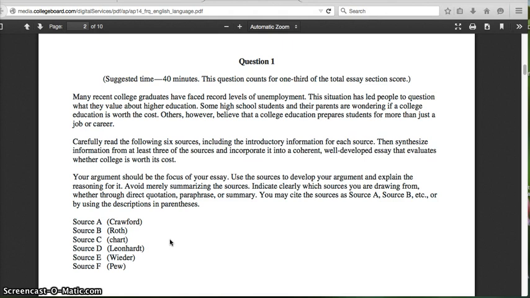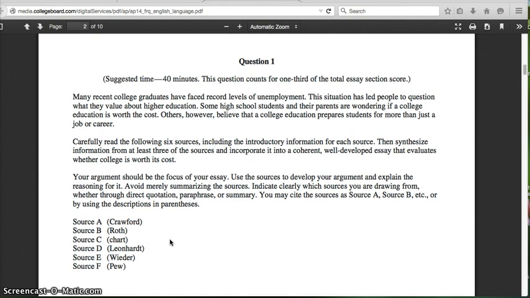So if you believe that college is worth the cost, you will use from 3 to 6 of the sources to prove that. If you think that college is not worth the cost, you would use 3 to 6 sources to prove that. Notice in the 3rd paragraph it says your argument should be the focus of your essay.